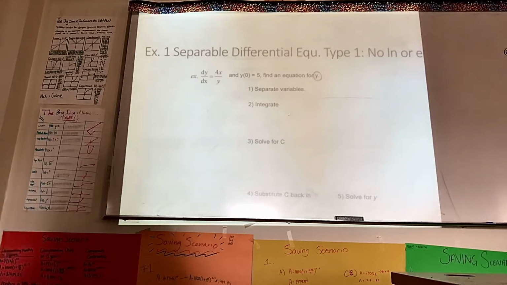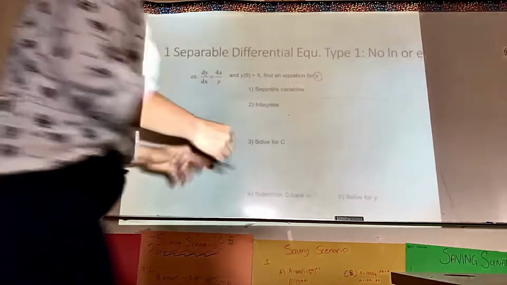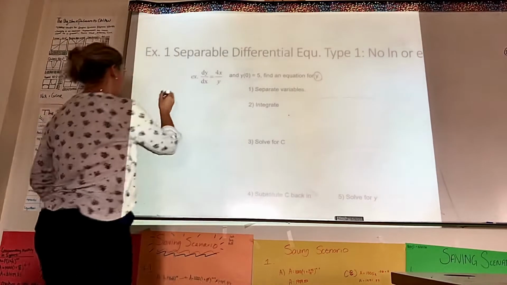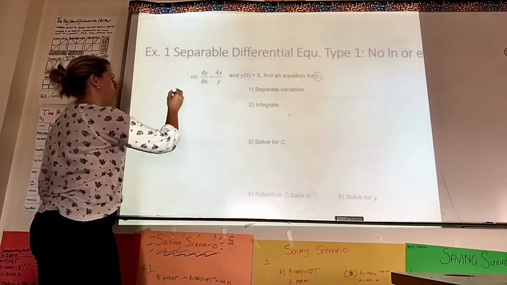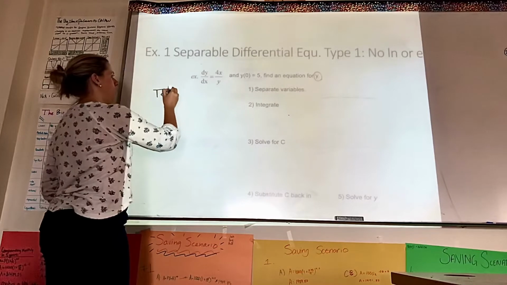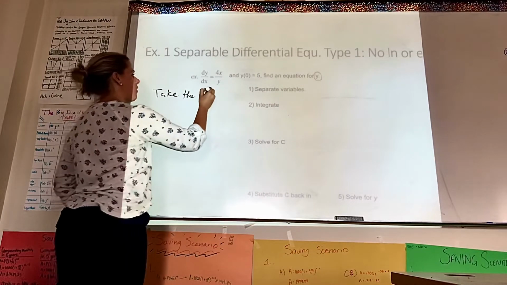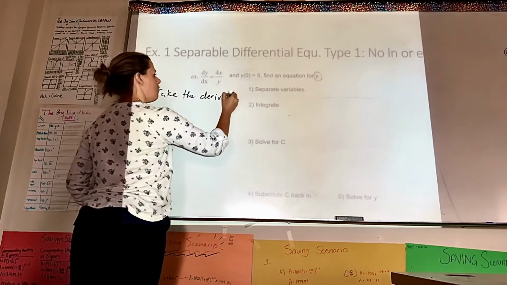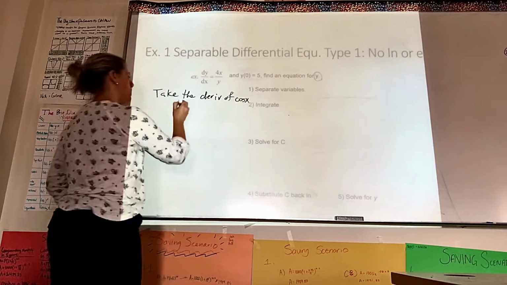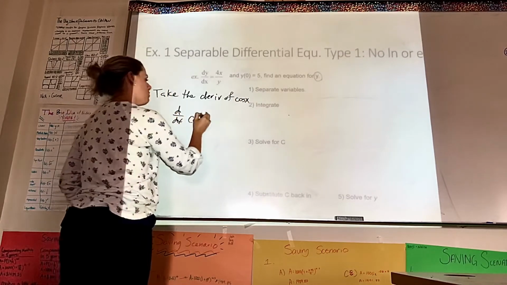Okay, so the first thing you want to do is separate the variables. I thought it was d over dx, because I thought when you took the derivative of y, it was dy dx. It depends. They're both yes and no. So if you have a function, you can say take the derivative of cosine x, or you can say d/dx cosine x.